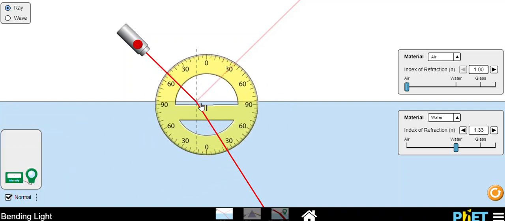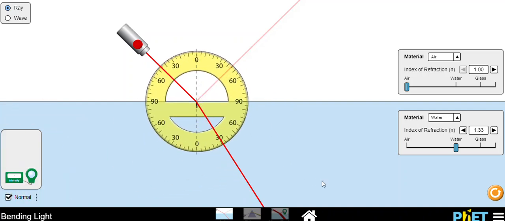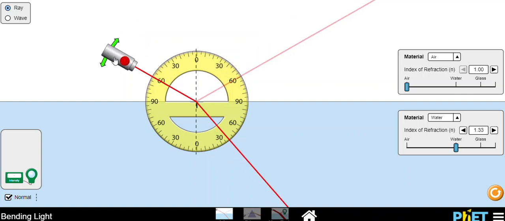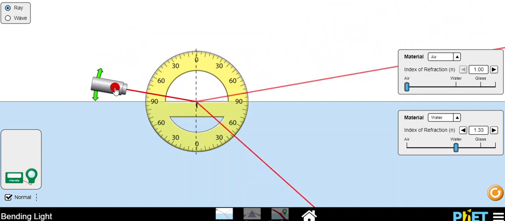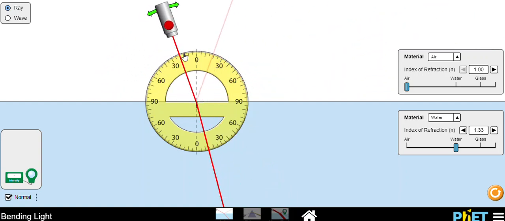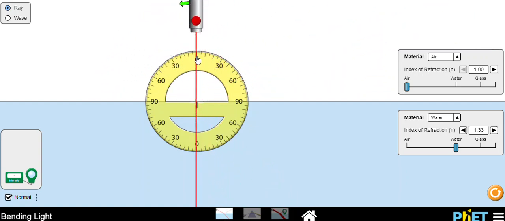I will bring now this protractor here, and then I'm going to start changing the angle of the incident ray, right? You measure the angle from the vertical, from the normal.